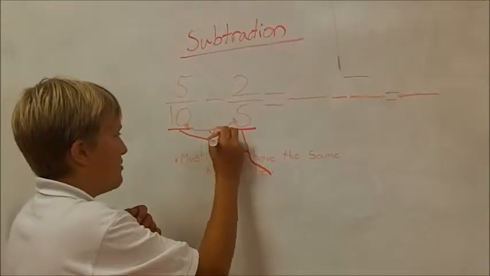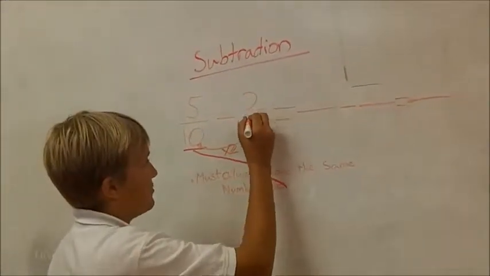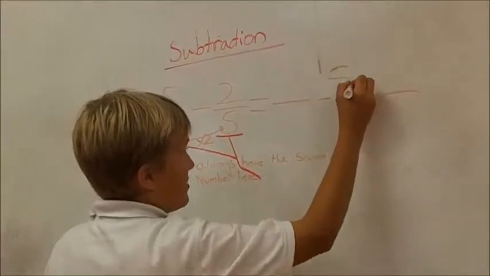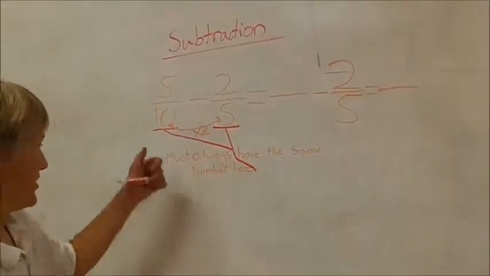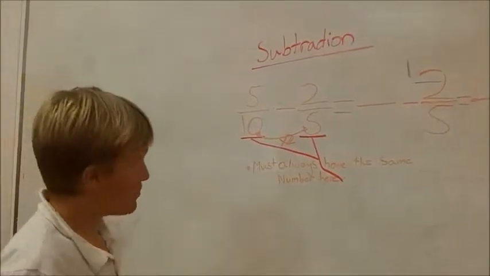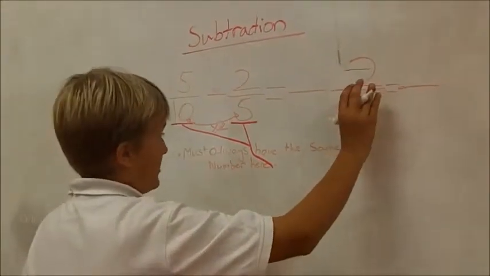So you keep the first fraction the same. You use 5 as the lowest common number that fits in 10. And you use 2 times, so that stays the same.